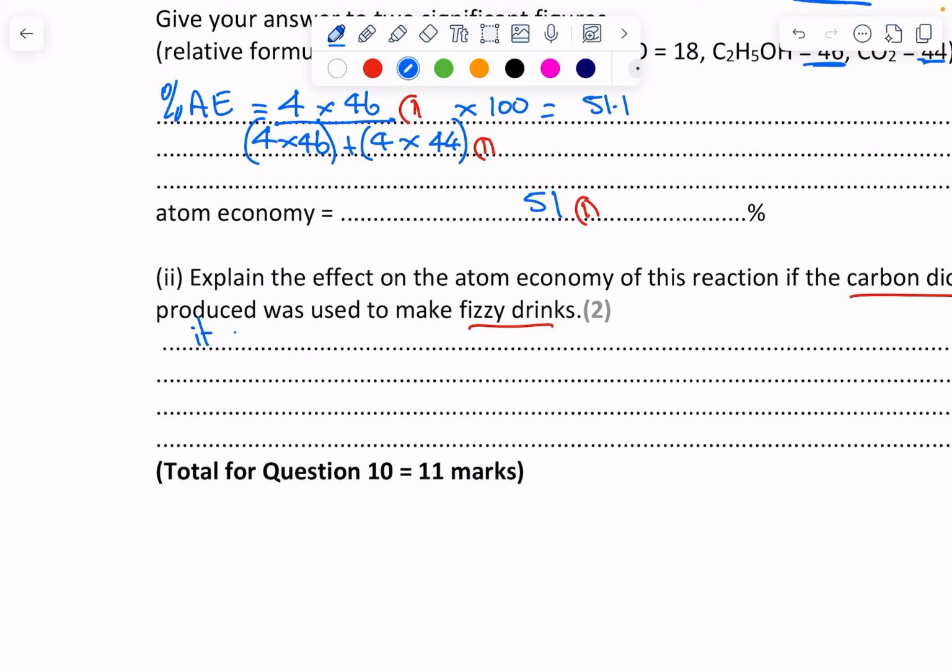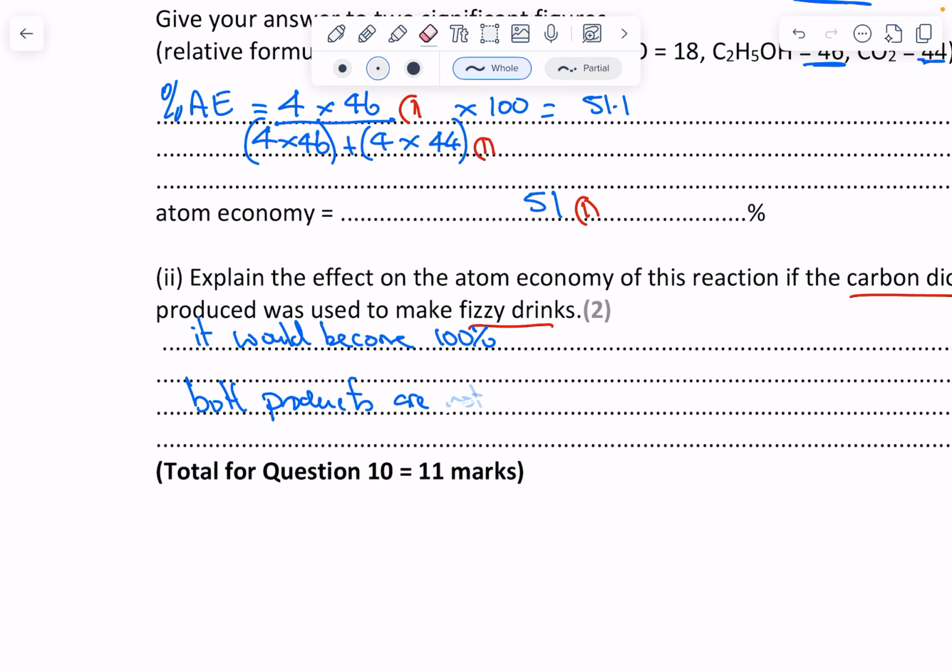So what would happen is it would become 100%. Why does it do that? Because both products are now desirable, and you're going to get a mark for that and a mark for that.